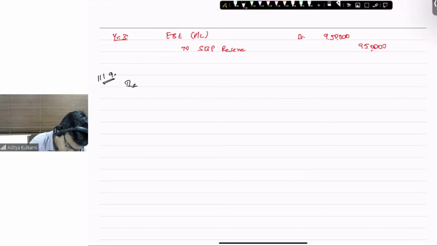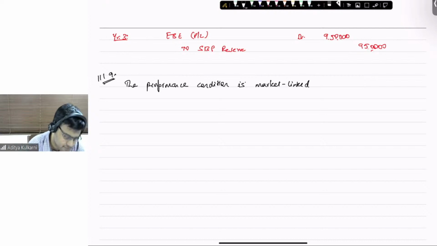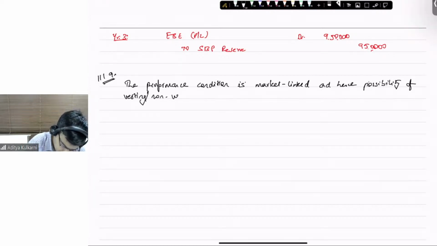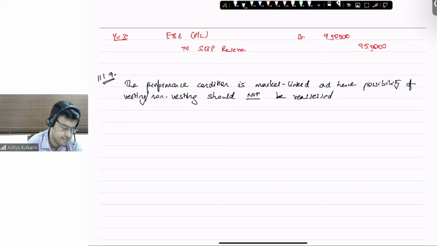The performance condition is market linked and hence possibility of vesting, non-vesting should not be reassessed each year.